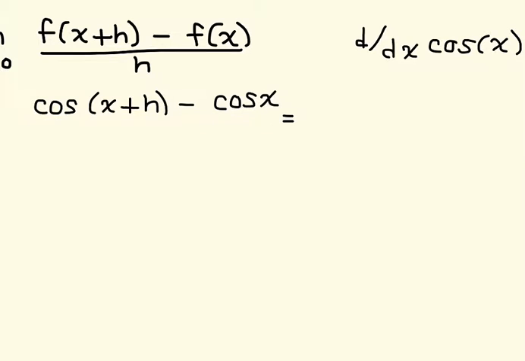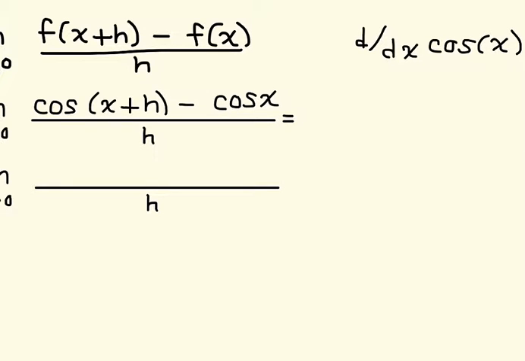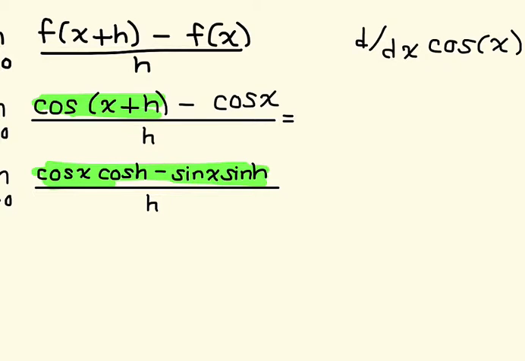So I'm going to copy this, and we're going to expand the cosine of x plus h. That's going to be the cosine of x times the cosine of h minus the sine of x times the sine of h. And then of course we've got to throw on the end there minus cosine x.